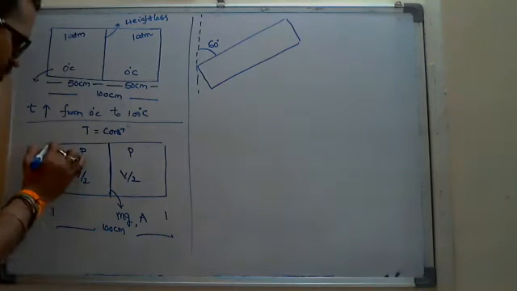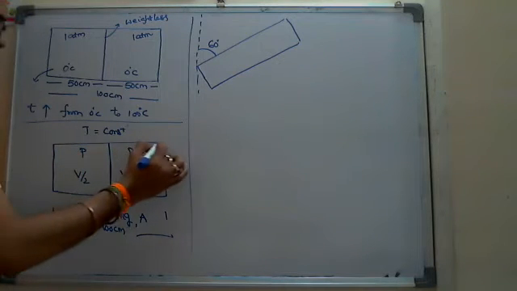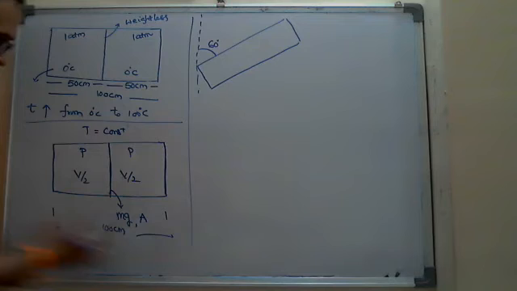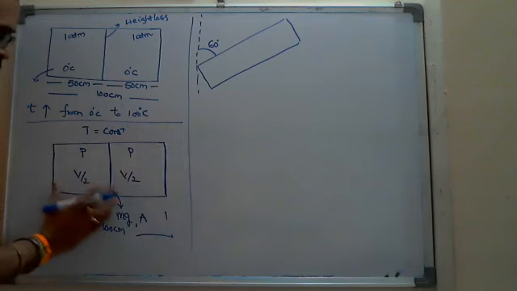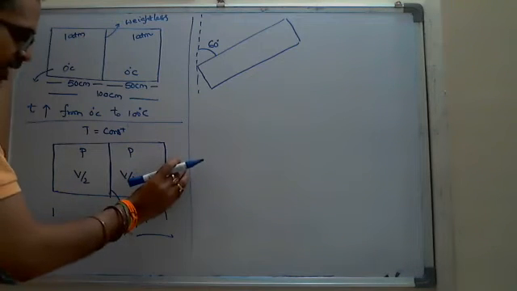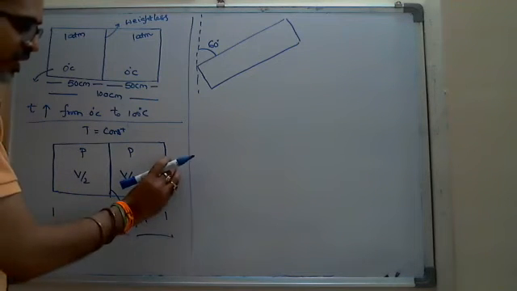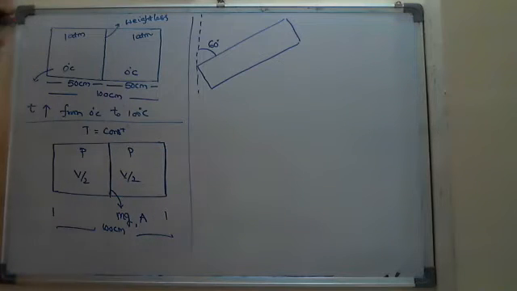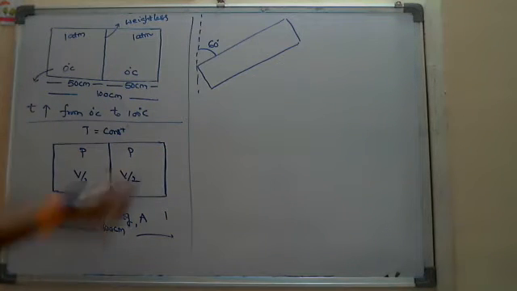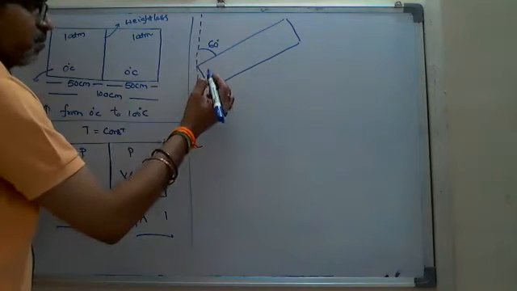Look at both sides. The total tube is closed, which means from outside you need not consider the atmospheric pressure. But the problem is when it is tilted like this.